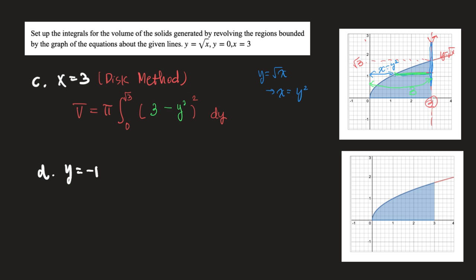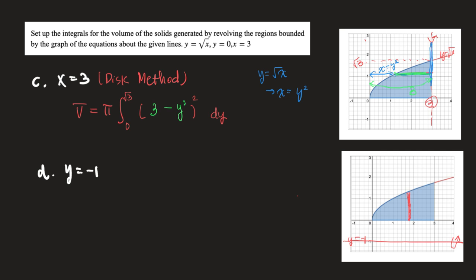Guys, make sense? The last one is an example rotating about y equals -1. So you draw the line right here. This line is y equals -1. This is parallel to the x-axis. Rotating it means we draw the rectangle perpendicular to y equals -1. It looks like this.